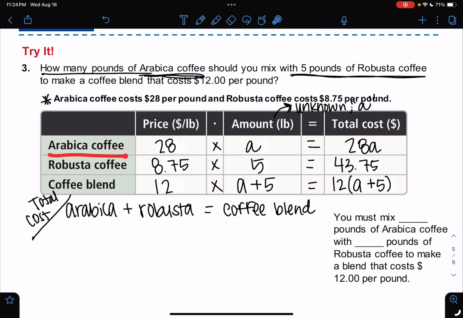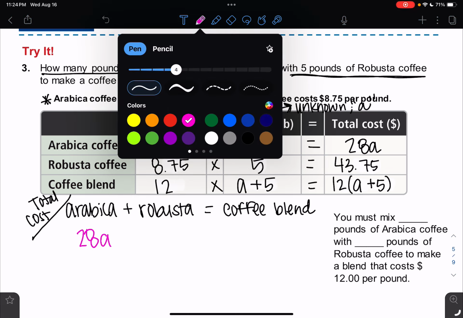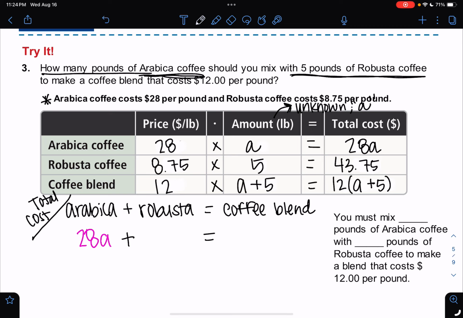We know the Arabica coffee total cost is 28A, so that should go right here at Arabica. I'll write this in a different color: 28A. Then plus the Robusta coffee.